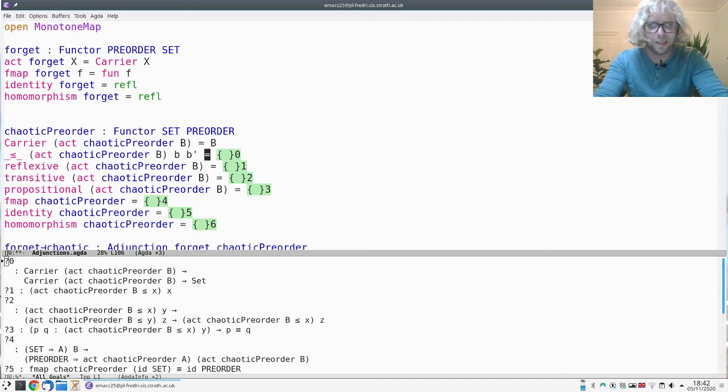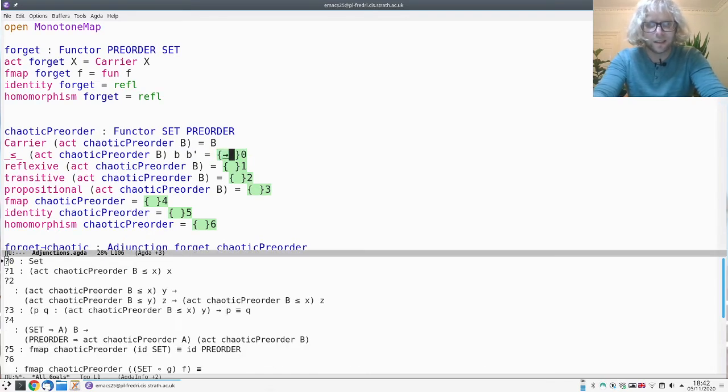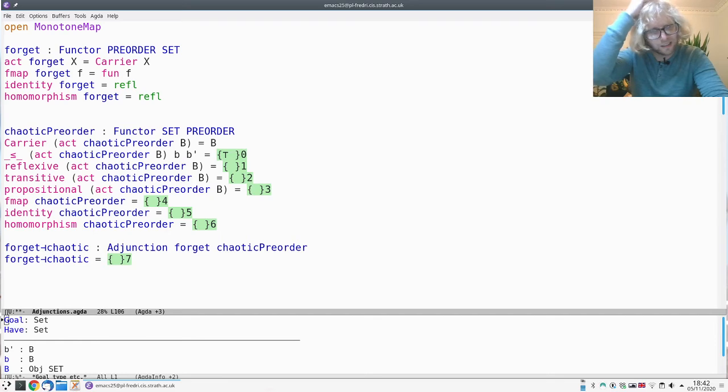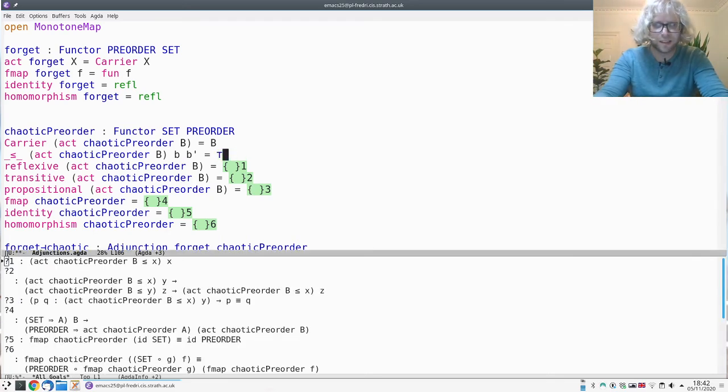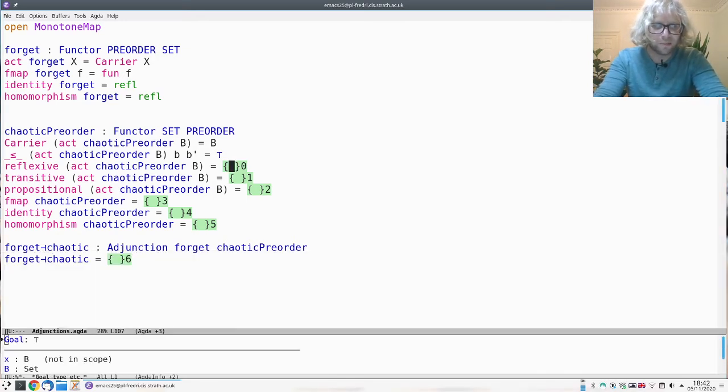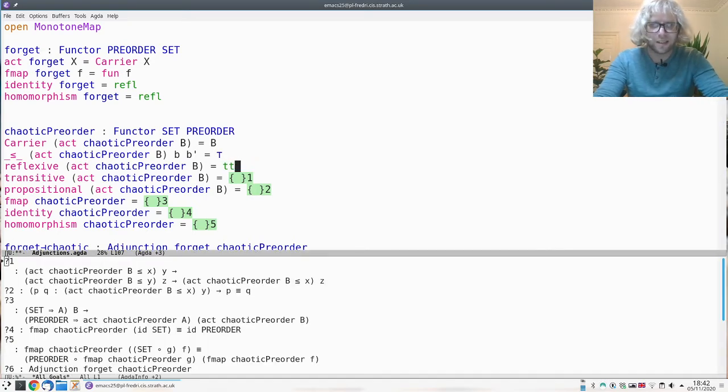So if I have a B and a B prime, then top is something I can always prove. Okay, and then here I have to show that this is reflexive. So every x is related to itself. But this is really easy because everything is related to everything else. So I can just give tt, which is the element of the unit type.